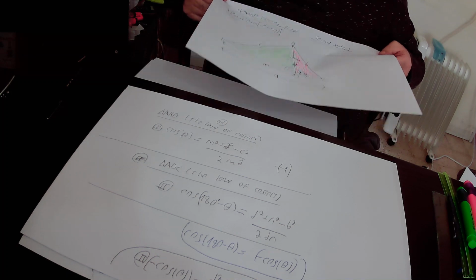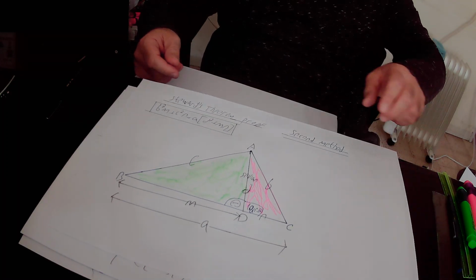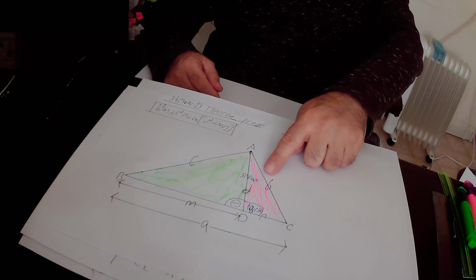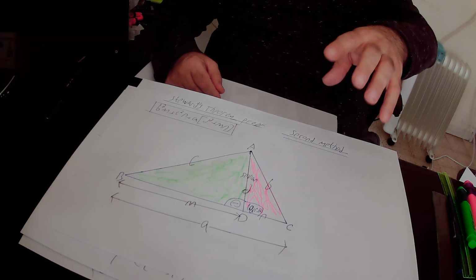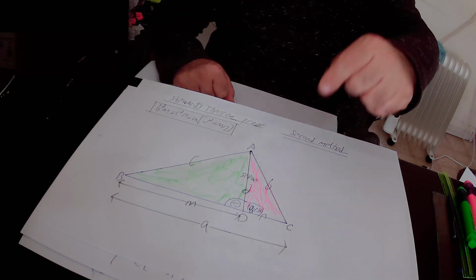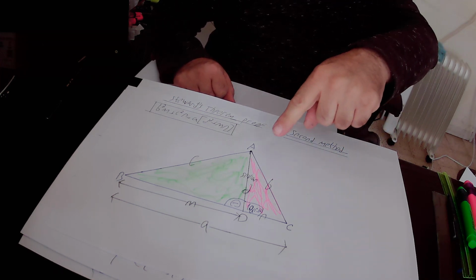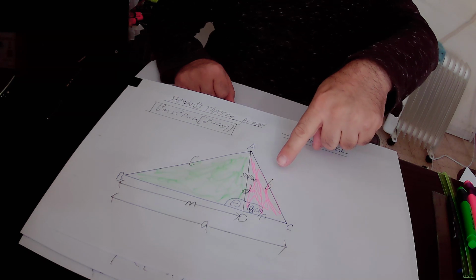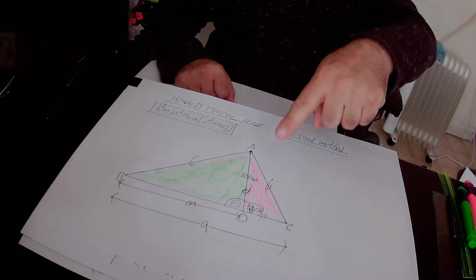Okay, then we implemented the law of cosines in this pink triangle ADC. According to the law of cosines in triangle ADC, cosine of 180 degrees minus theta equals d squared plus n squared minus b squared over 2 times nd.